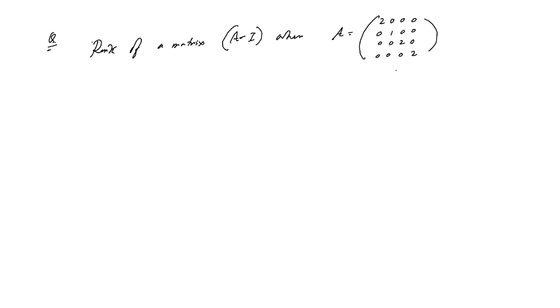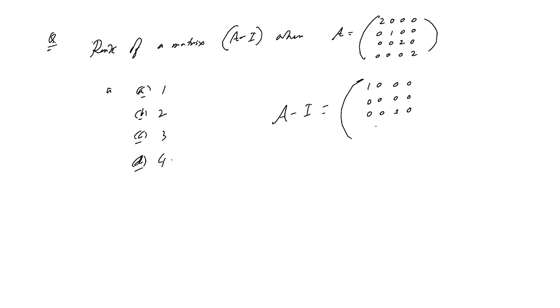It is exactly like that. Option A is 1, option B is 2, option C is 3, and option D is 4. So A minus I will be the matrix with rows 1 0 0 0, 0 0 0 0, 0 0 1 0, and 0 0 0 1. Here we see the number of non-zero rows equals 3. So obviously the rank of A minus I will be 3.